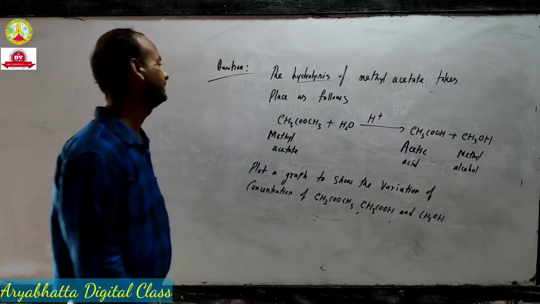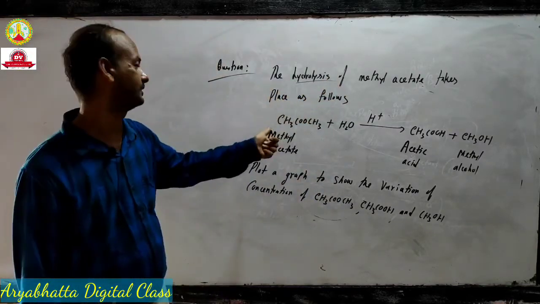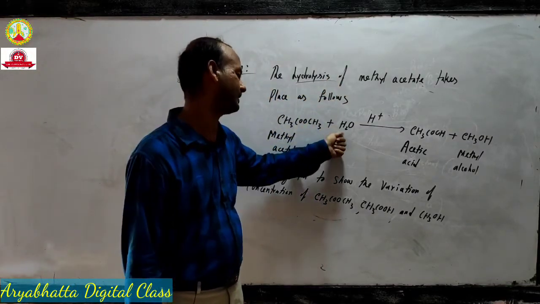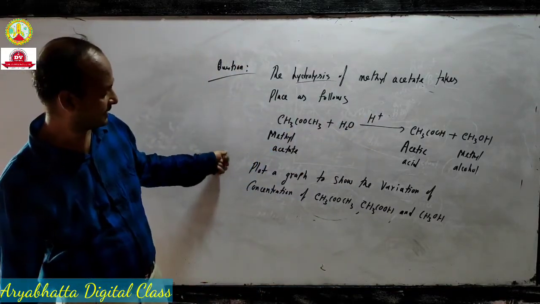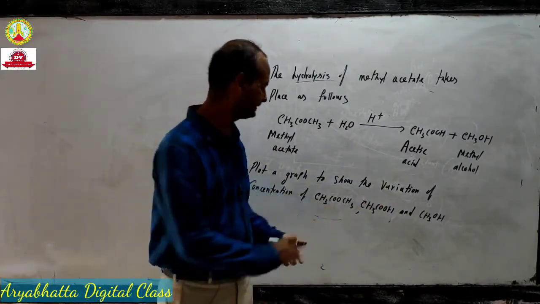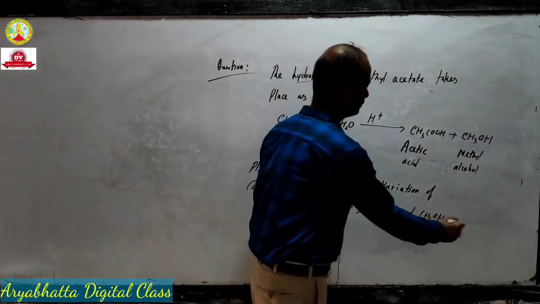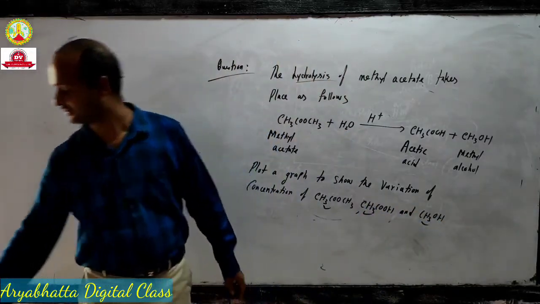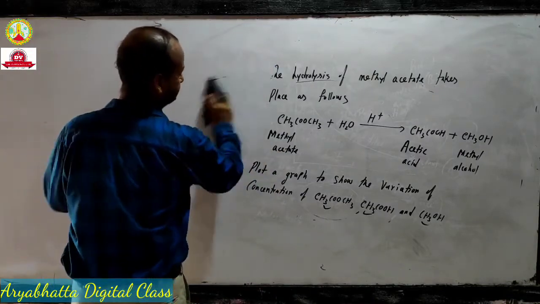Students, first please read the question very carefully. The hydrolysis of methyl acetate takes place as follows. Methyl acetate reacts with water, and you will get acetic acid and methyl alcohol. Draw a graph to show the variation of concentration of methyl acetate, acetic acid and methanol. So the graph will be this type.